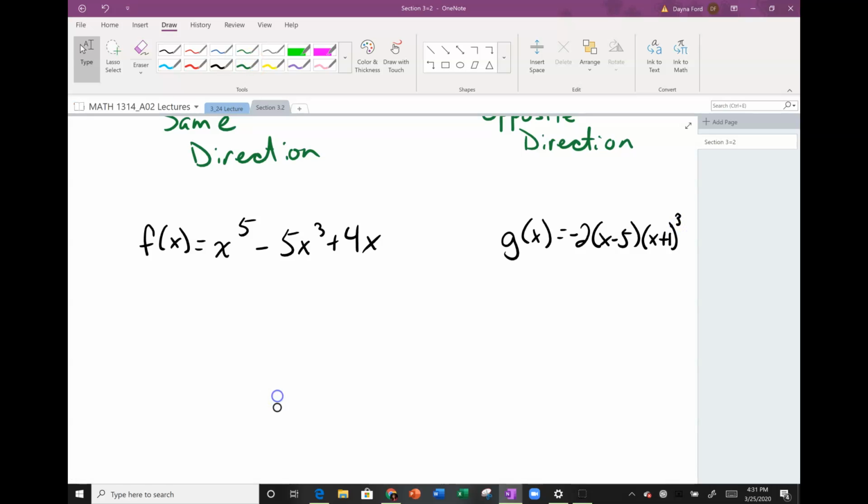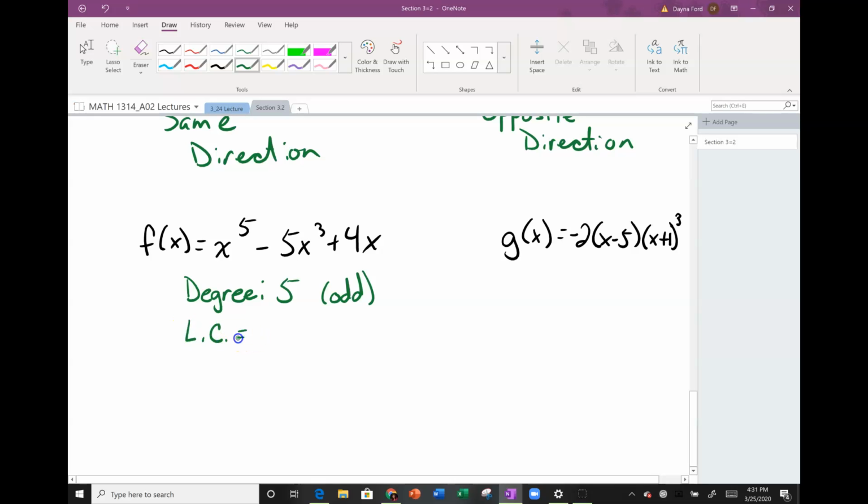So let's first look at this f of x. If I look at my degree, this is all multiplied out, so I'm strictly looking at my largest exponent. So my degree is 5, which means that it is odd. So that's going to tell me that my end behaviors, since this is odd, are going to go in opposite directions. Now my leading coefficient in this case, remember we're looking at that leading term, is going to be positive.